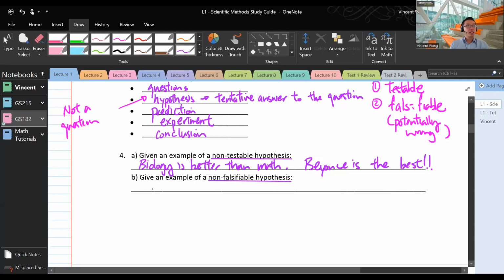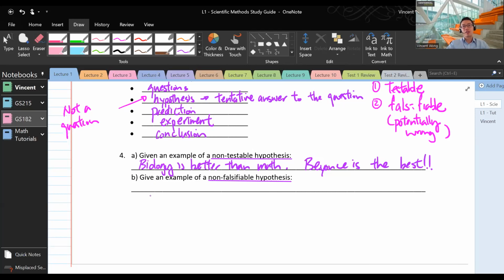Plants that receive more sunlight grow taller. That's falsifiable. If I put one plant in the sunlight and one plant not in sunlight, and it turns out that they actually grow shorter in the presence of sunlight, then that's falsifiable, right?